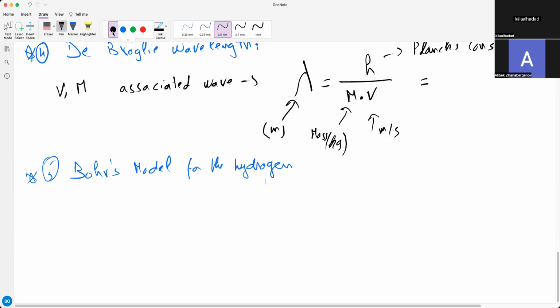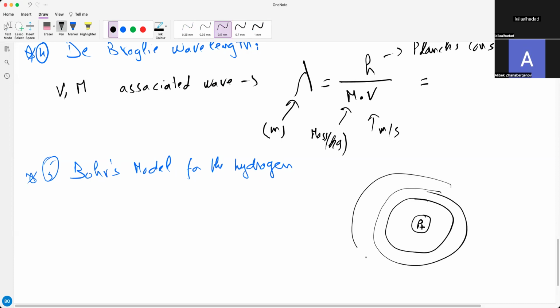The Bohr model for the hydrogen tells us the following. If I take the hydrogen atom, hydrogen has one positive proton, and according to Bohr, there are orbits, and the electron is orbiting on those orbits. Those orbits are labeled with an integer number, n equals 1, 2, 3.